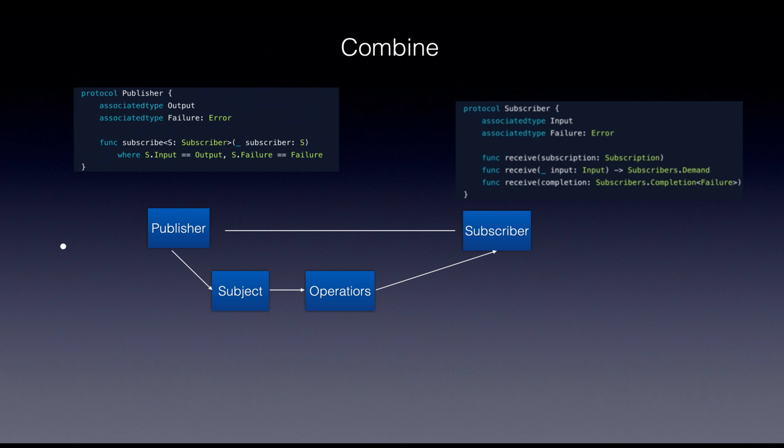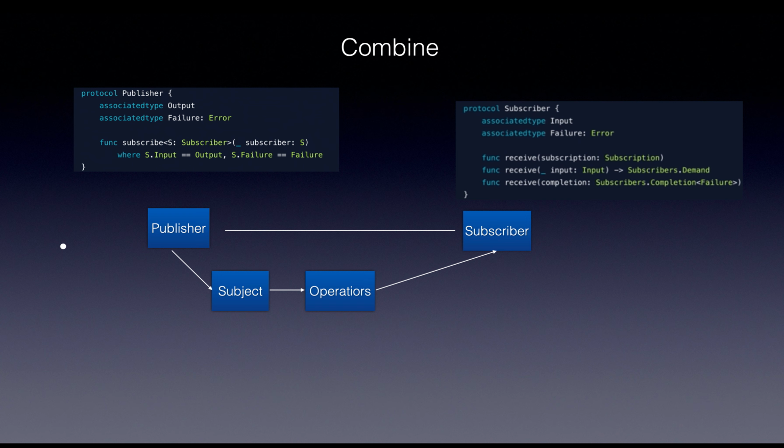The contract of the subscriber is defined by the protocol Subscriber. The subscriber has to declare the type of the values it is going to receive, and then declare the type of the failure, and these two associated types must match the publisher's associated types.